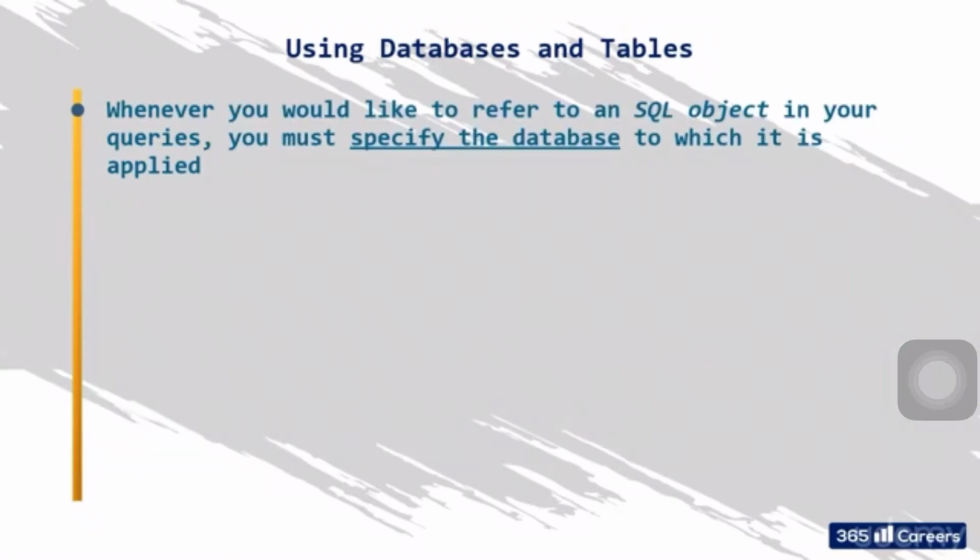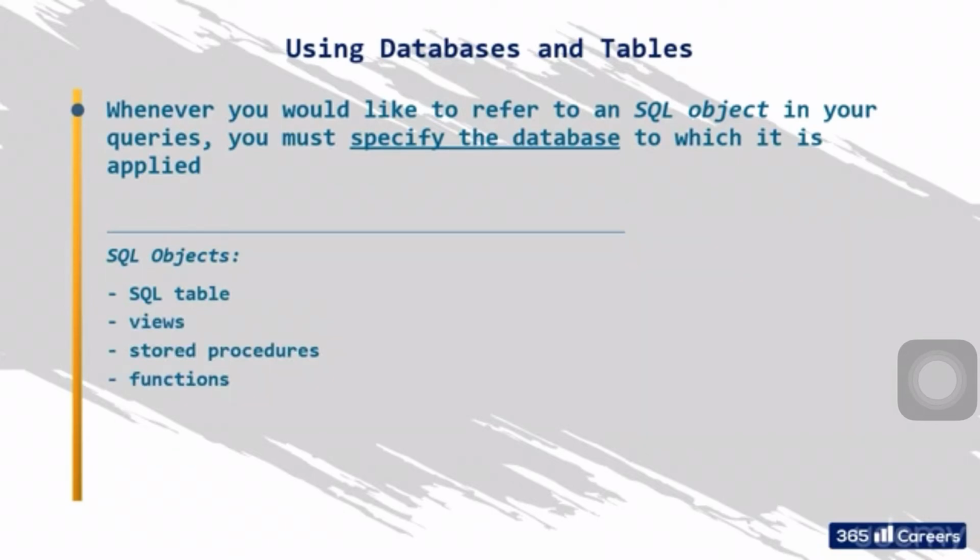Whenever you would like to refer to an SQL object in your queries, you must specify the database in which it is applied. An example of an SQL object you already know about is the SQL table. But later in the course, you will see other instances of SQL objects, such as views, stored procedures, and functions.